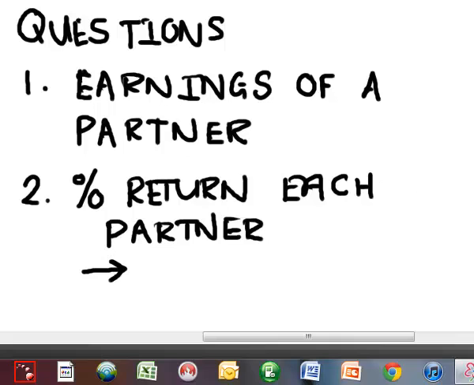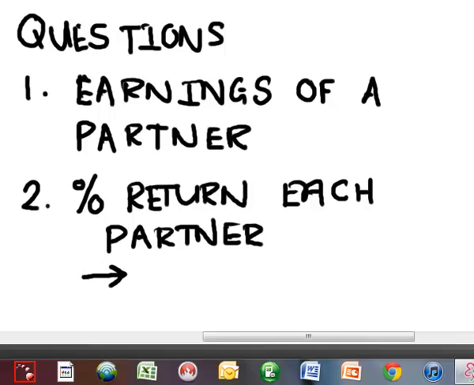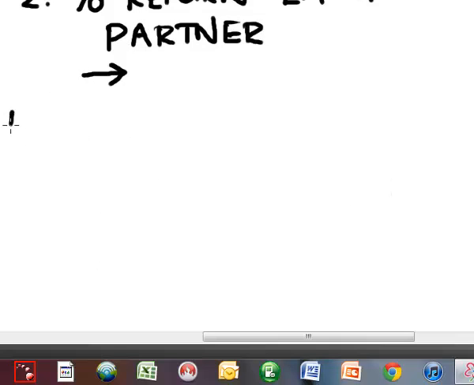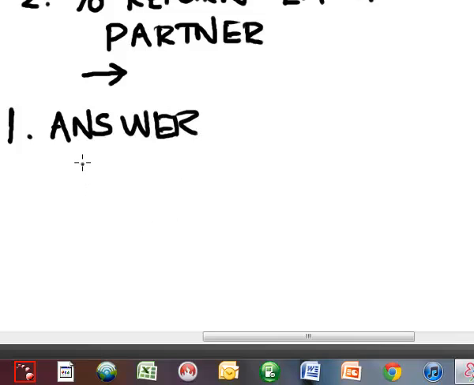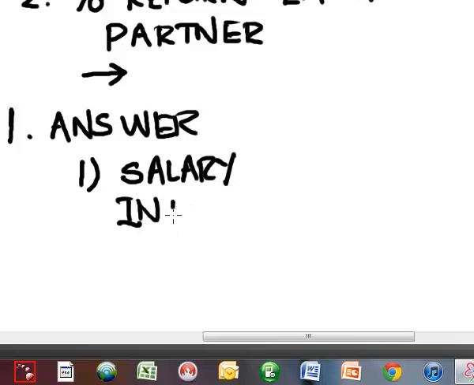Okay, let us take a look at our answers. Number one, the amount that is earned by each partner. The components are: one, the salary of the partner. Number two, the interest on capital.